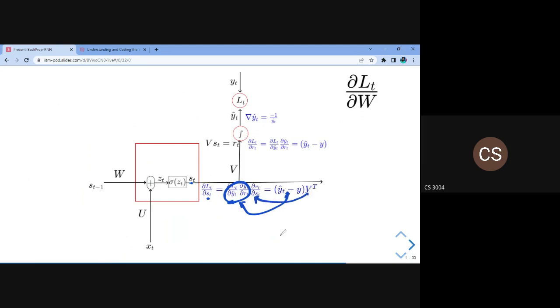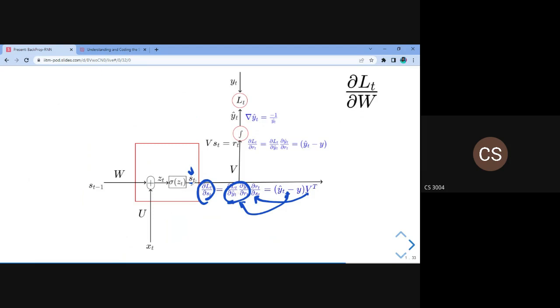We can check that as well. So I just multiply this, and then I will get dou LT by dou ST, which is the state vector at the current time step, because the state vector also influences the loss at time step t.